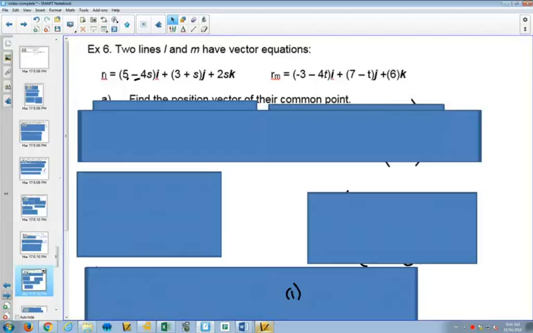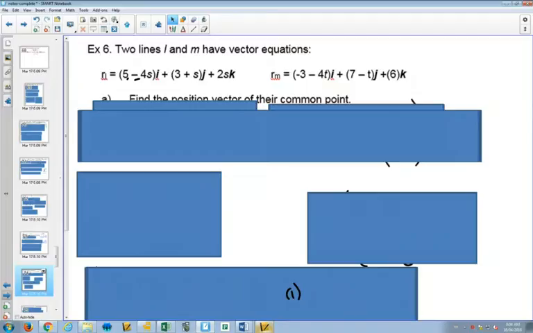So we have two lines, line RL and line RM. So lines L and M have these vector equations. So again, it's just another form of writing the same thing. Can you see the parametric equations here?